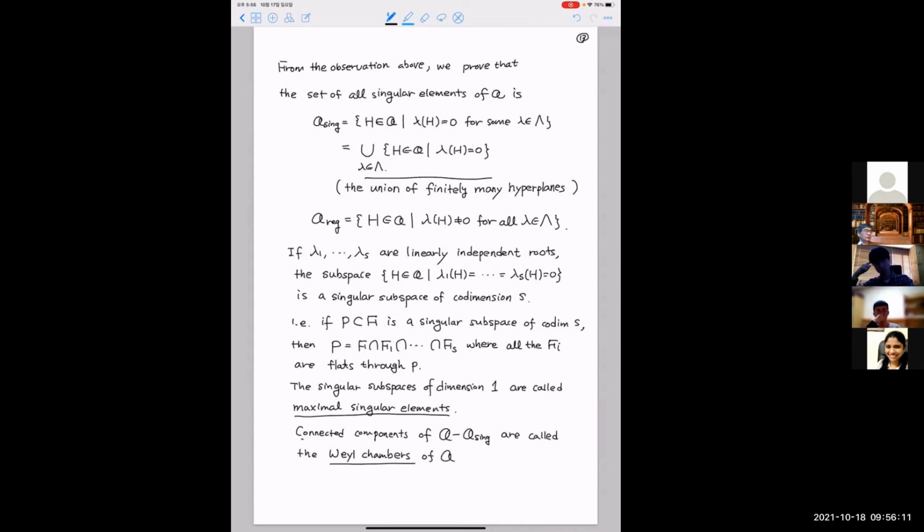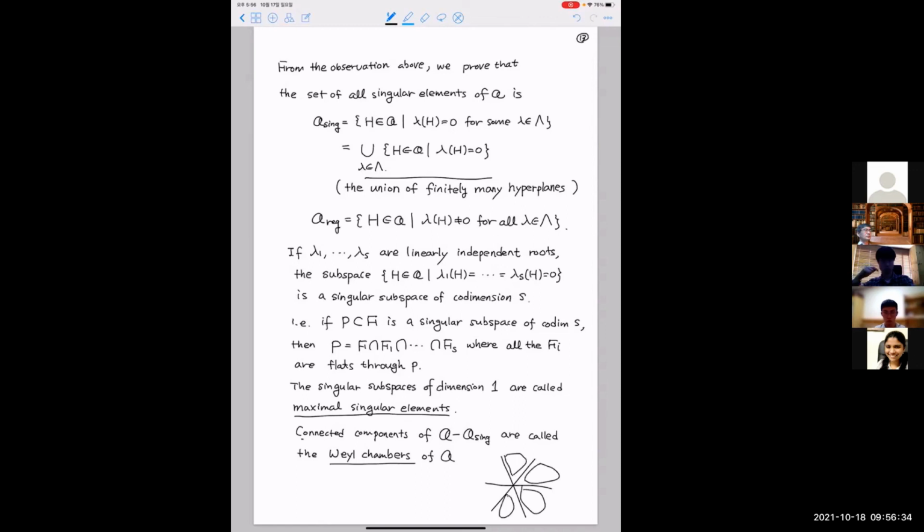Because A is a Euclidean space, and the set of singular vectors is the union of some hyperplanes, like this, you have some connected components here.